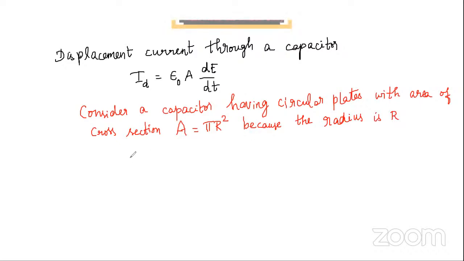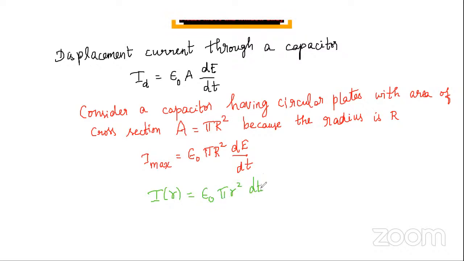So here, the maximum value of the displacement current is given by epsilon naught pi R square dE by dt. And at a distance small r from the center, in general, what is the value of the displacement current? That is epsilon naught into pi r square dE by dt.